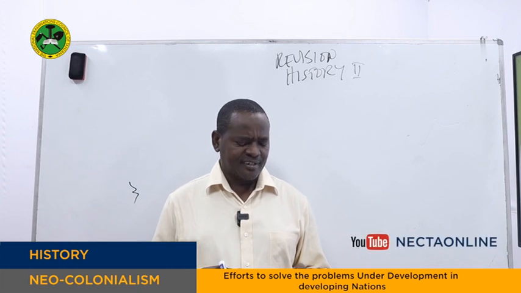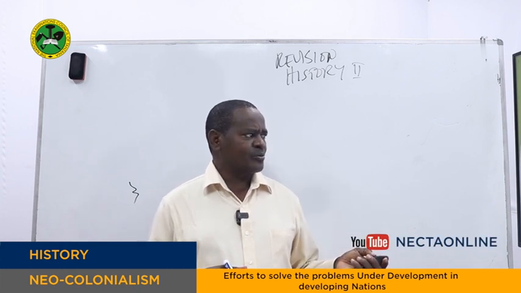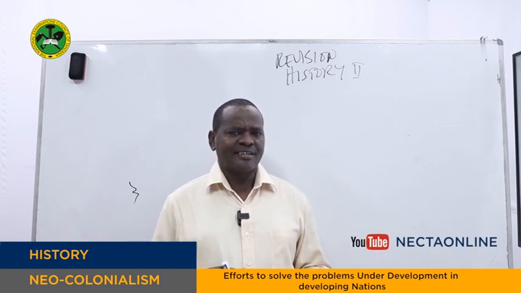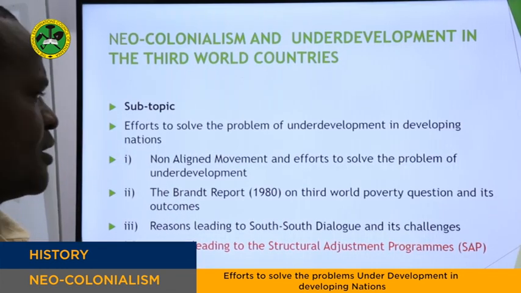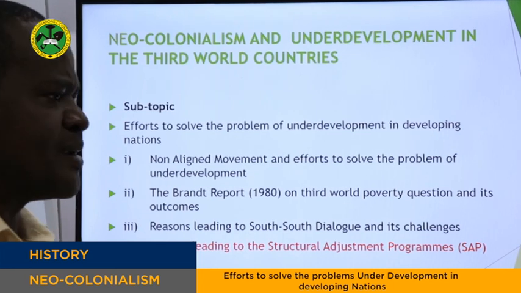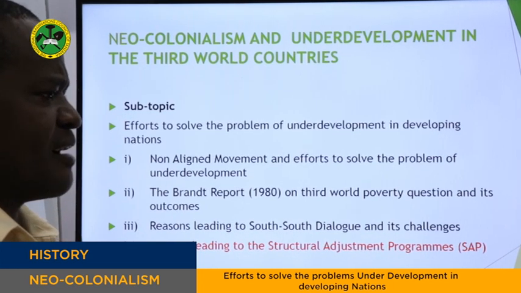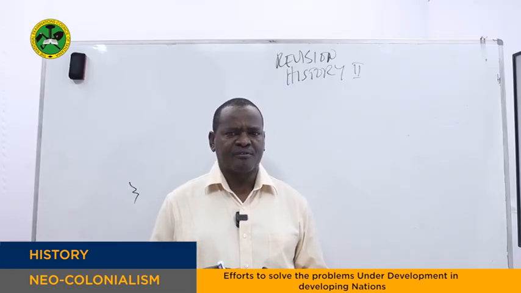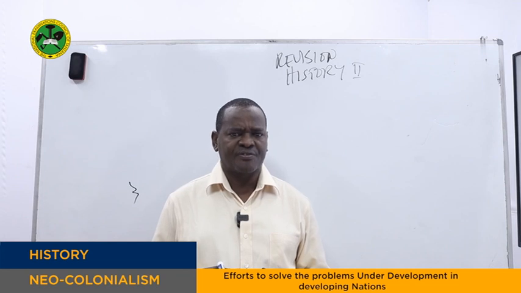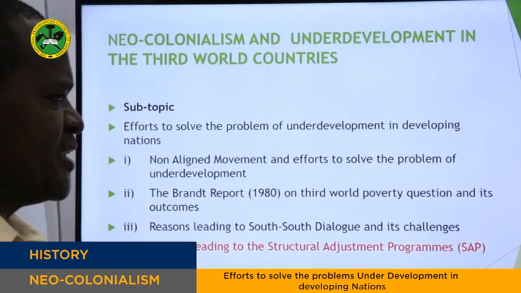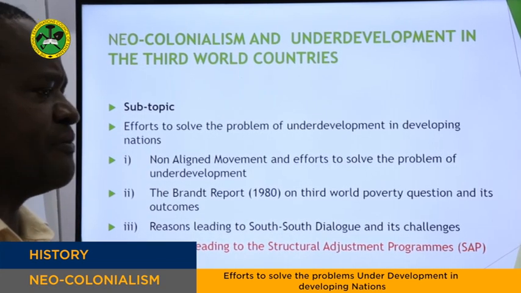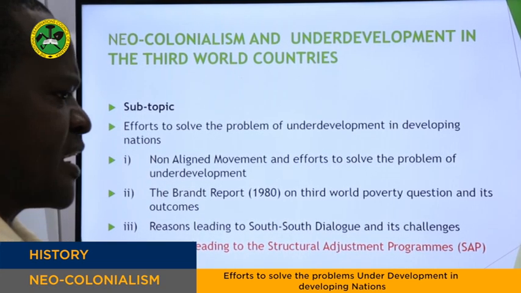My dear students, this is what we saw last time. Our lesson of today is going to concentrate on the efforts to solve the problem of underdevelopment. Various efforts have been employed to solve the problem of underdevelopment of the developing nations. The first part that you are going to look at is the non-aligned movement and the effort to solve the problem of underdevelopment.